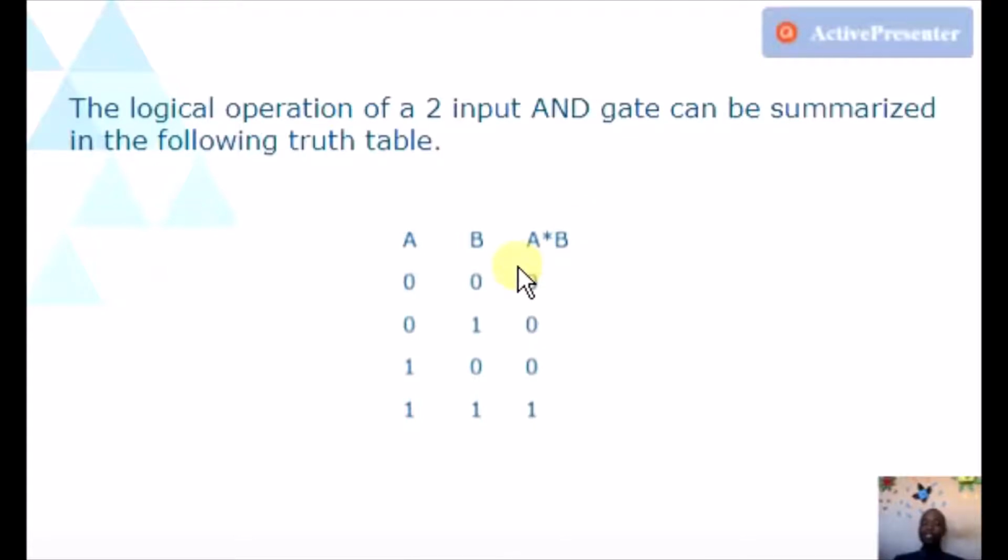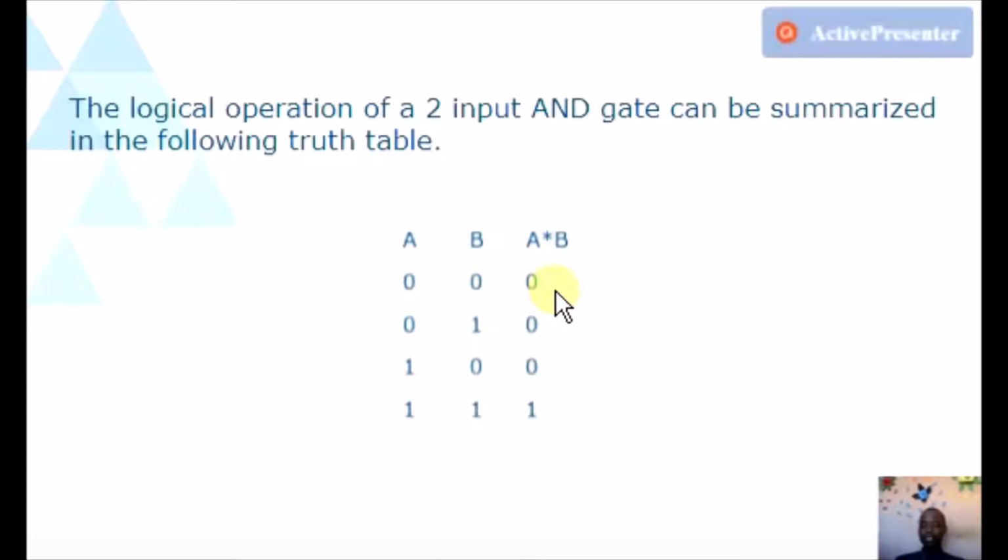how do we get the output A times B? In the other lecture, the OR gate was represented using a plus sign, but here it's represented using an asterisk. The OR gate is represented using a plus sign, and the AND gate is represented using an AND sign, which is the asterisk.